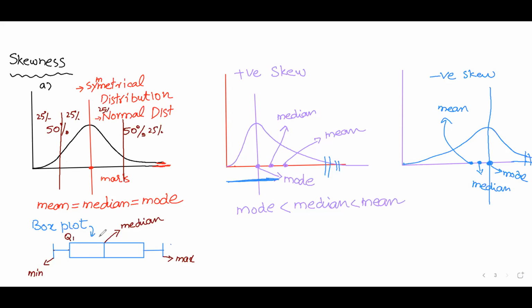Then from here to here is another 25% of data. This is Q2, Q3, Q4. So 25% of your data lies in each range. Okay, so let's draw the box plot for this one.